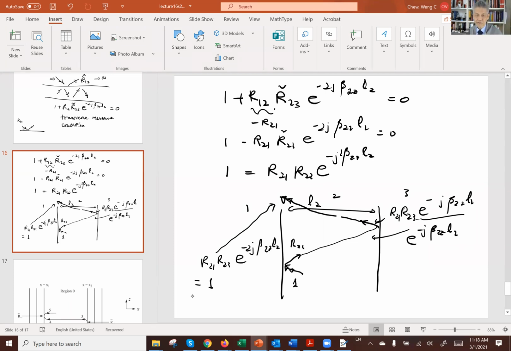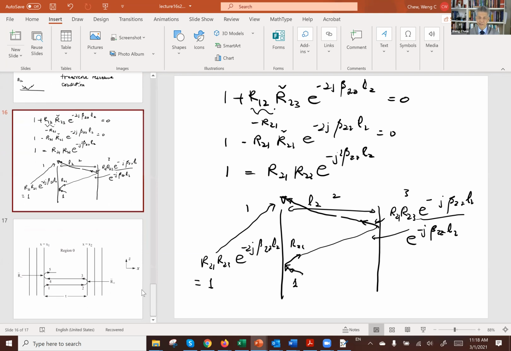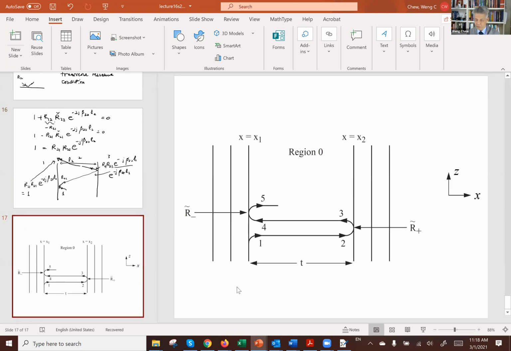The transverse resonance condition says that when the wave, after bouncing 2 times and traversing the distance of 2j beta L2, becomes itself, we have resonance. We can have guidance or resonance, and in that case you don't need energy to sustain this wave bouncing back and forth. You can also understand that by using this picture over here.